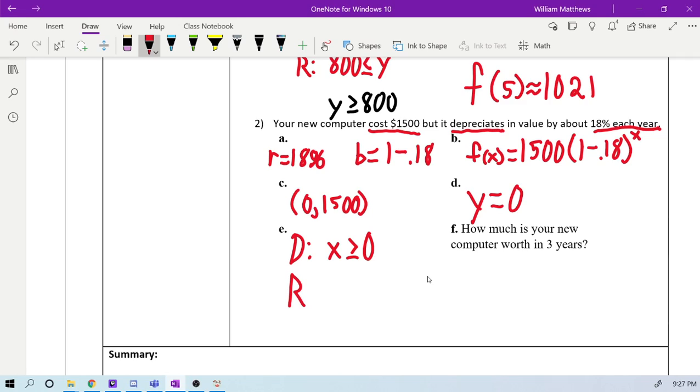Our range is easier to find. We know that it is going to be a max of 1,500 when he first purchased the computer, but it's also going to have a minimum value of $0. It's not going to cost him money to own the computer.